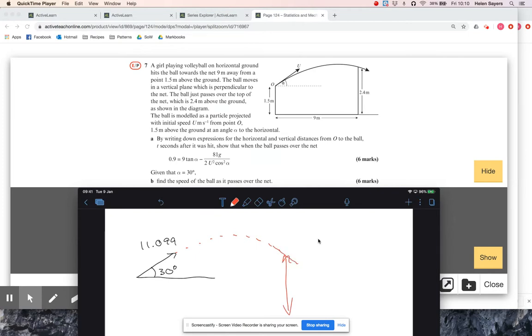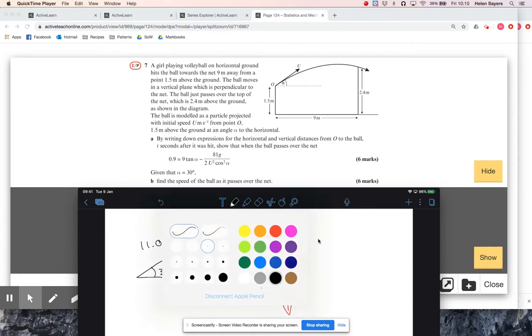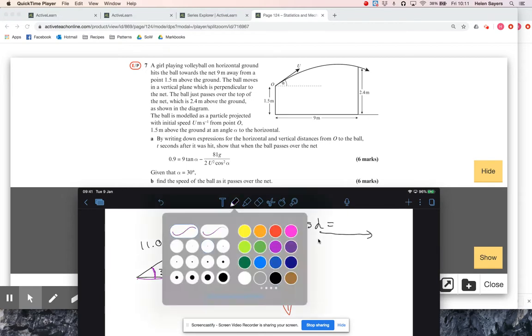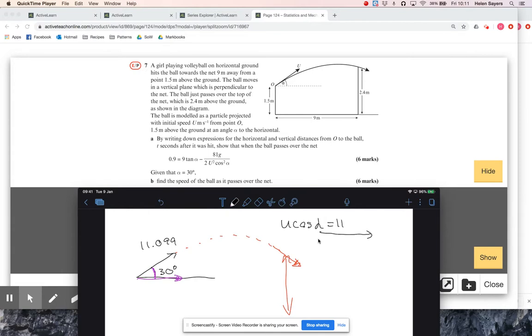I can see it's going down and to the right. And if I think about it, the horizontal velocity is not going to change. So previously we'd already said it was going to be u cos alpha. We had to do that for part A. If you can't quite remember that, it's basically the side that's adjacent to the 30-degree angle. And now I can actually give that some values.